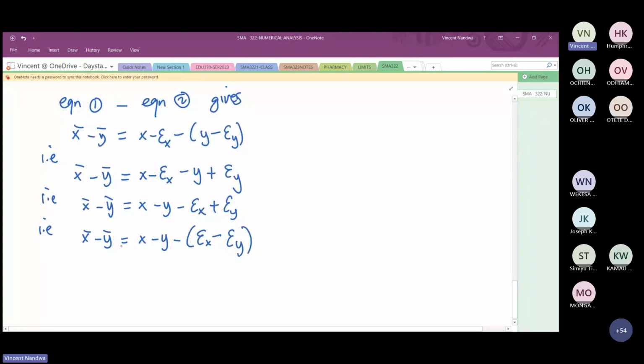So that now, if I do this, there's no mistake I'm doing to the equation. So I can say x minus y minus Δx minus Δy is the same as error in x minus error in y.